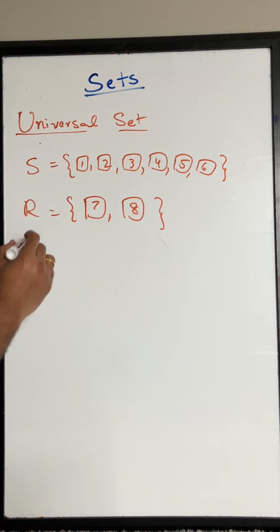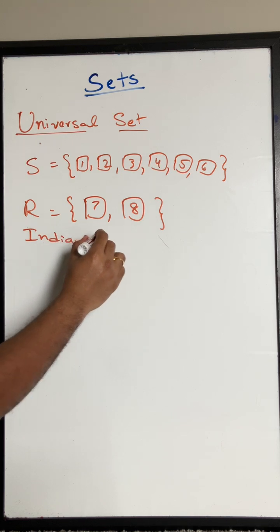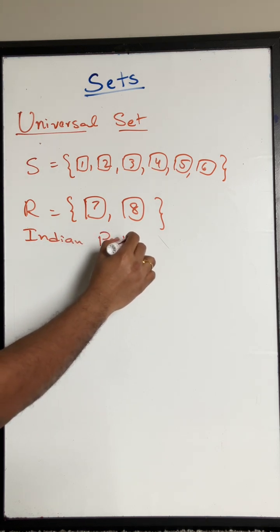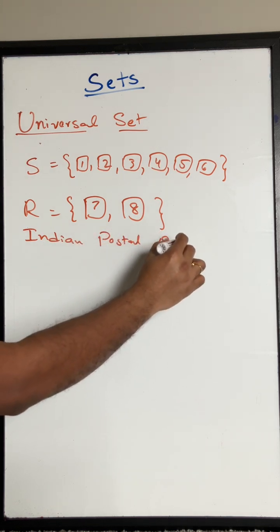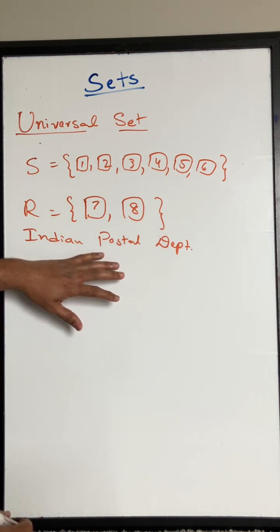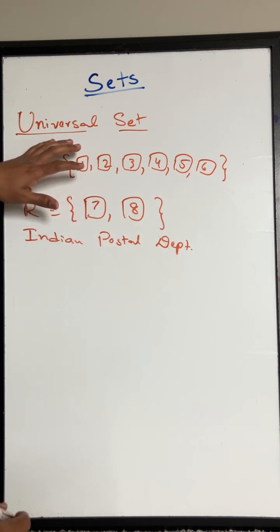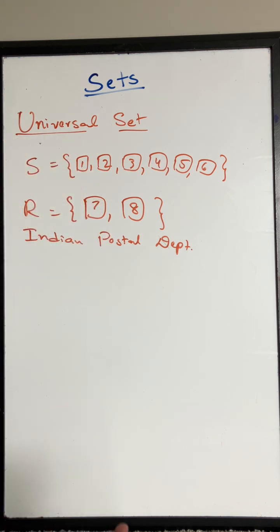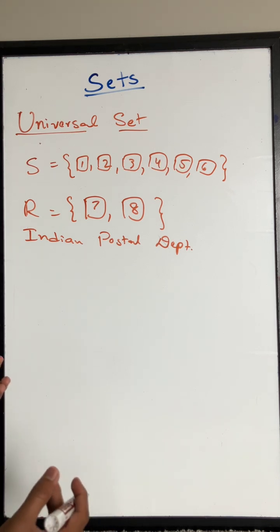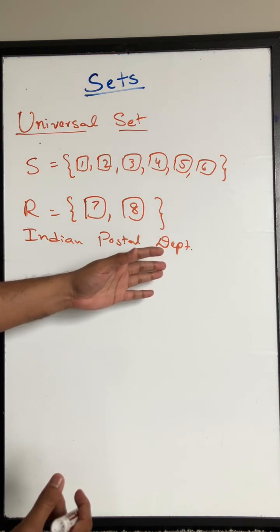But what about the Indian Postal Department? They print everything and have all the collection. They act like a universal set because they have everything. If you name any stamp printed and used in India, it is printed by the Indian Postal Department only.